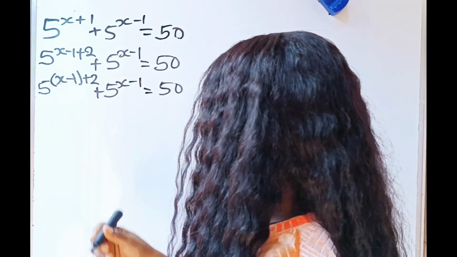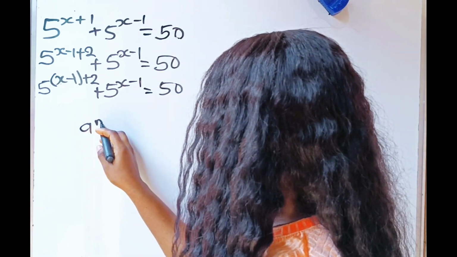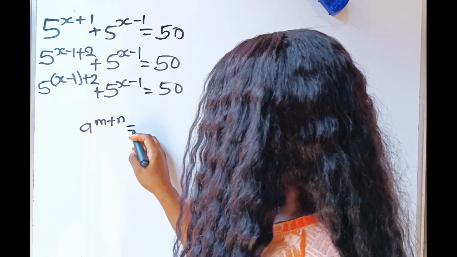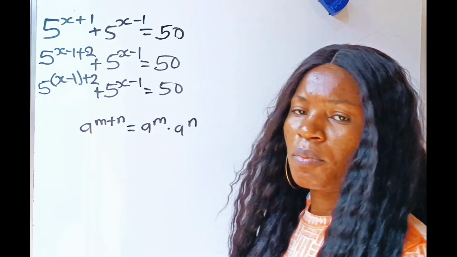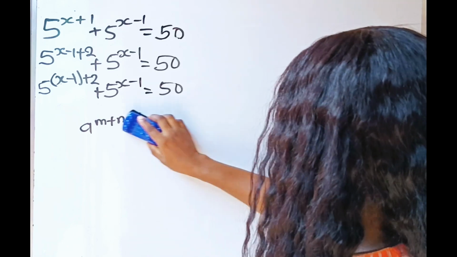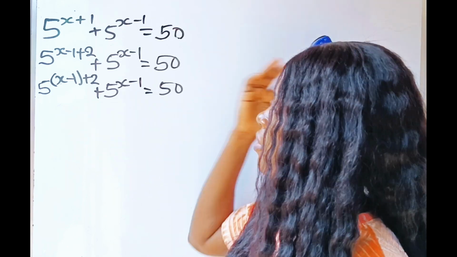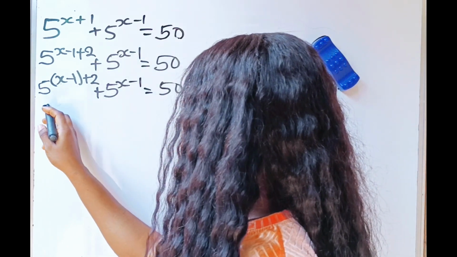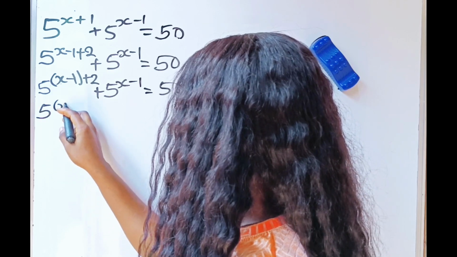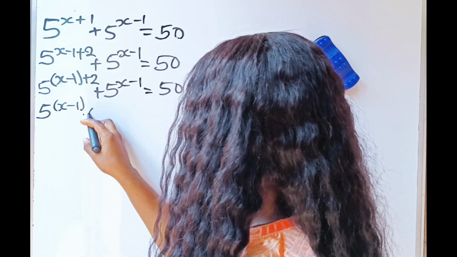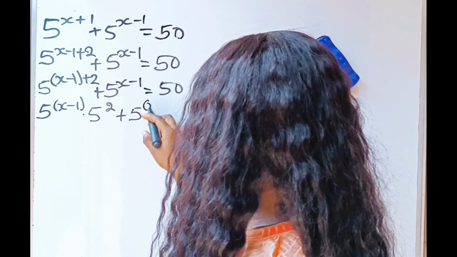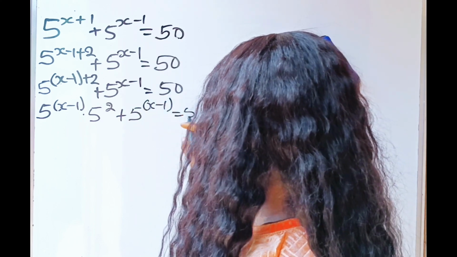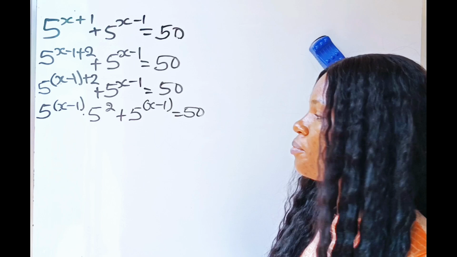Now, recall that when you have a to the power of m plus n, this is equal to a to the power of m multiplied by a to the power of n. So that simply means that we can rewrite this as 5 to the power of x minus 1 multiplied by 5 to the power of 2, plus 5 to the power of x minus 1 is equal to 50.